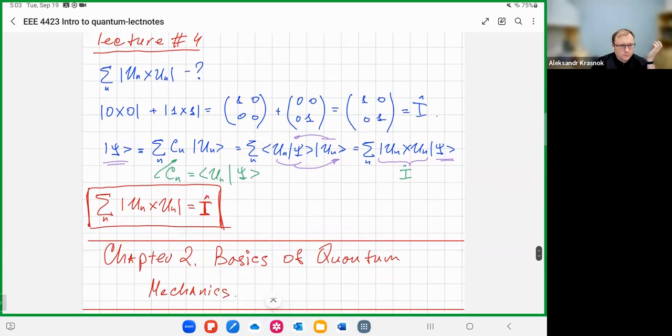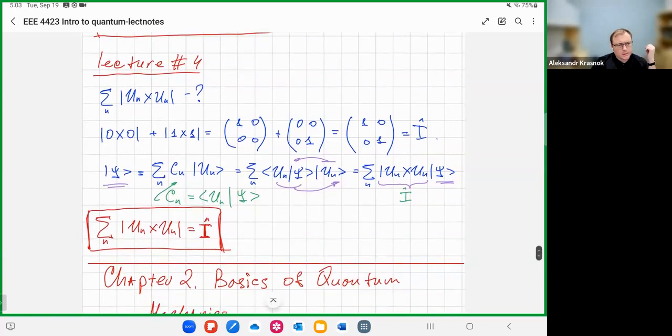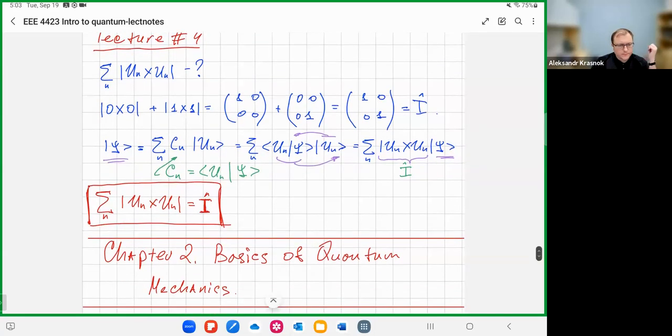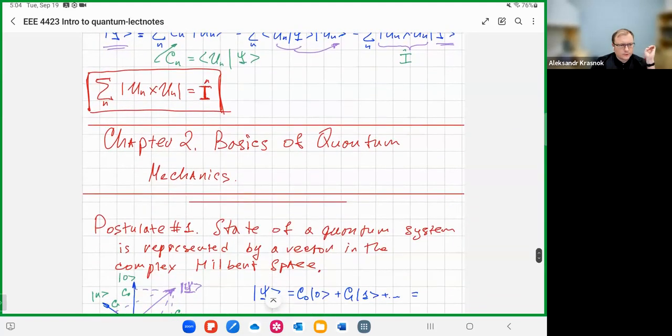Basically, last time we started from the statement that the sum of outer products of the vectors gives us the unitary operator, or identity operator, if these vectors belong to the basis. Then we started the discussion of the basics of quantum mechanics.